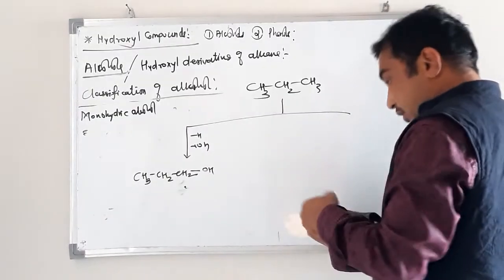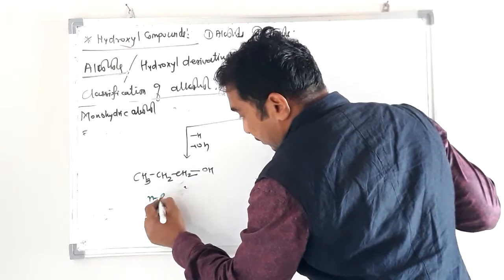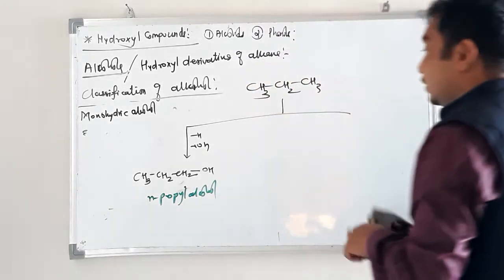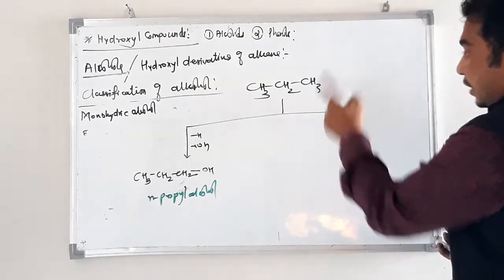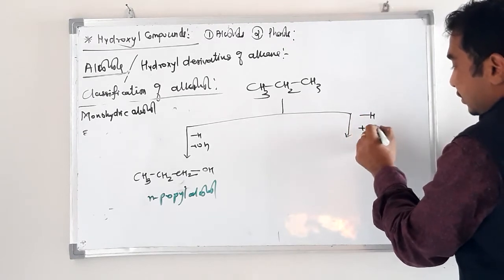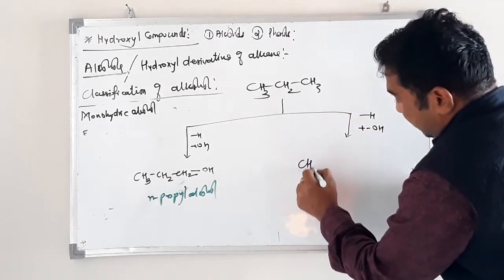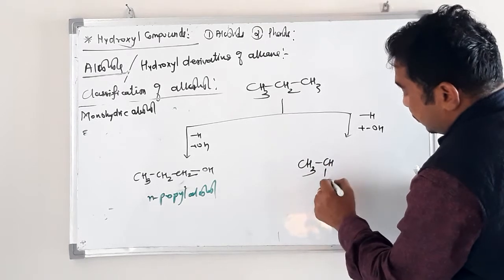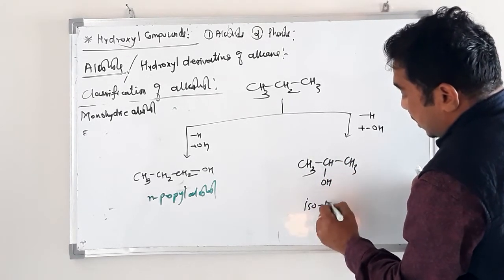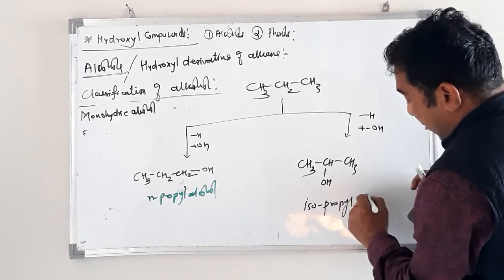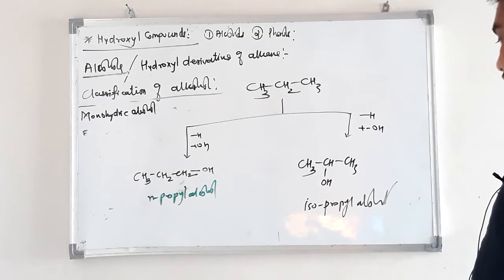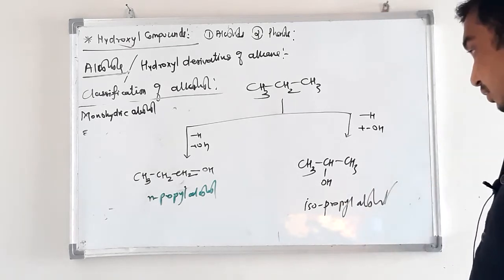Okay, that is called n-propyl alcohol. Here, if we attach the OH group by removing hydrogen from the middle carbon atom, then CH3CHOHCH3, that is isopropyl alcohol. So this is isopropyl alcohol.